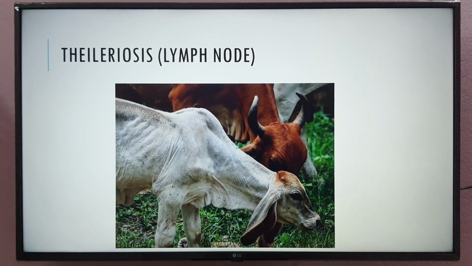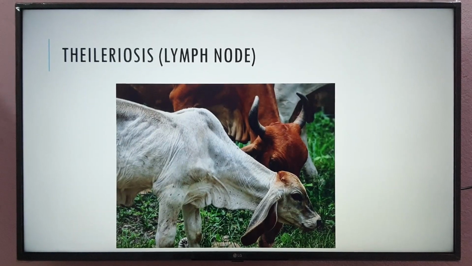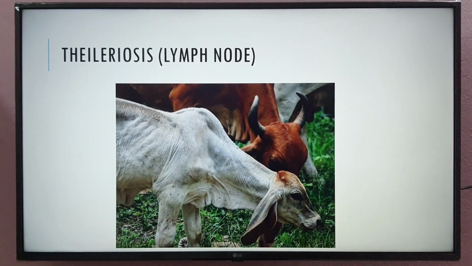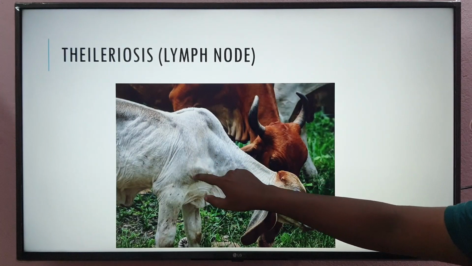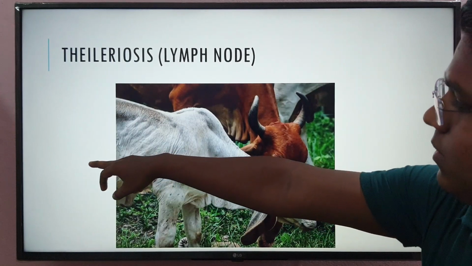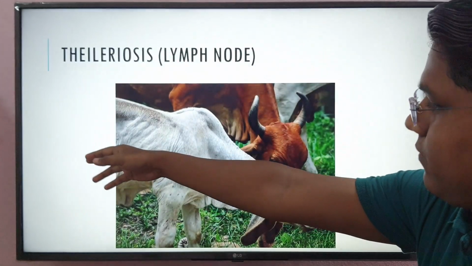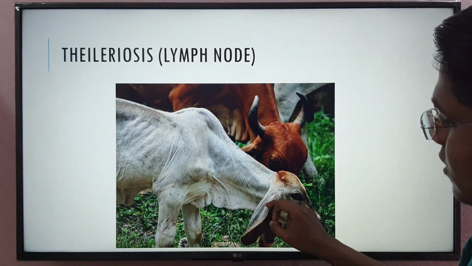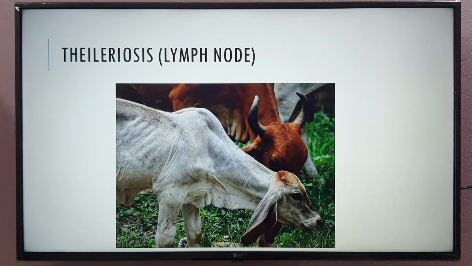Next, theileriosis, you can see the lymph node enlargement. You can see the prescapular lymph node. Okay, here is the prescapular lymph node. There is a prefemoral lymph node in the femoral region, and here at the base of the ear there will be a parotid lymph node. So why are these lymph nodes swollen? Mostly you will find the prescapular and the parotid, because the ticks usually attach to the neck area, where the defense is less.